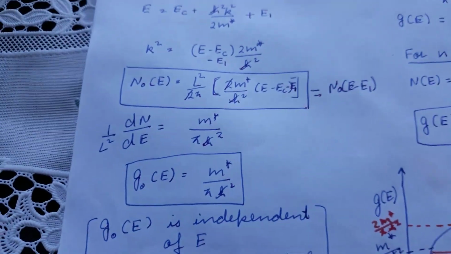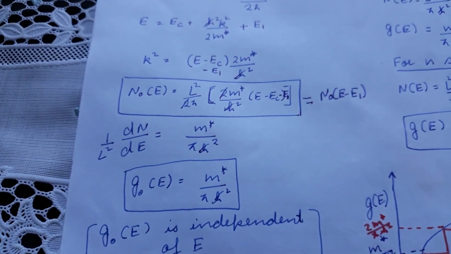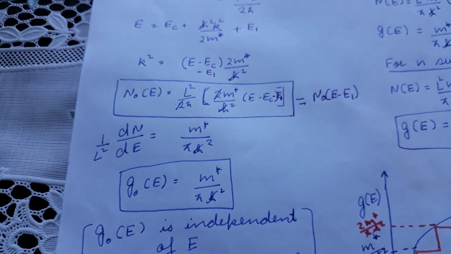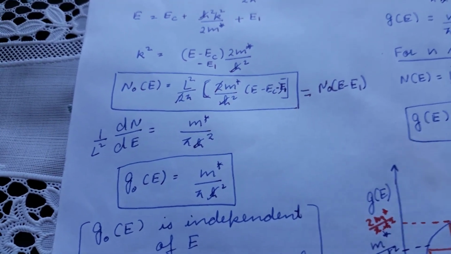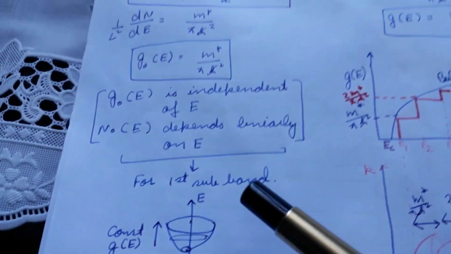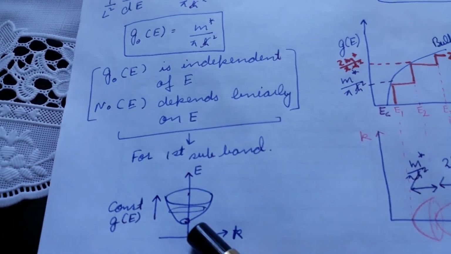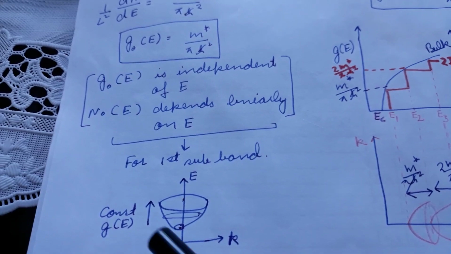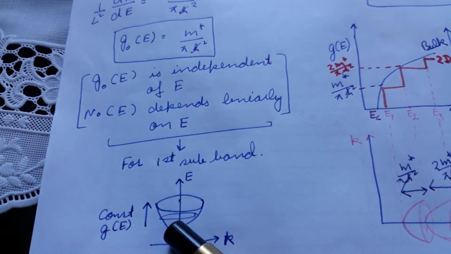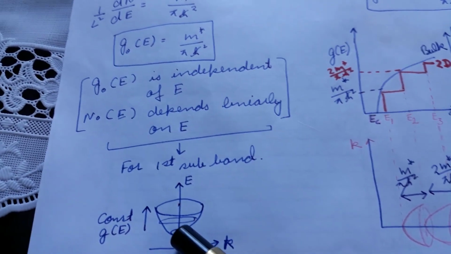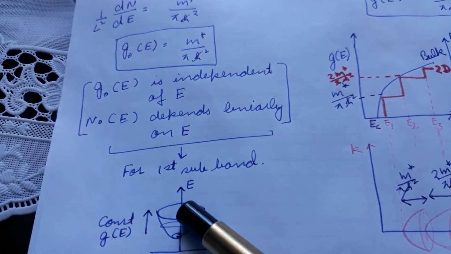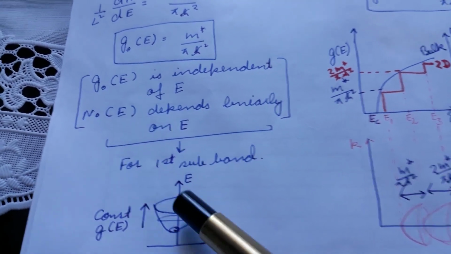Now it has to be emphasized here that the number of states depends linearly on energy, while the density of states is independent of energy. And this we are talking about the first subband. So it means that in the first subband, the density of states will stay constant as we move from the lowest value of energy to the highest permissible value of energy in the first subband.